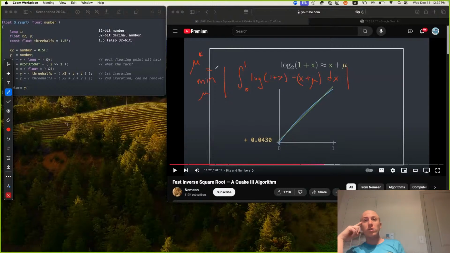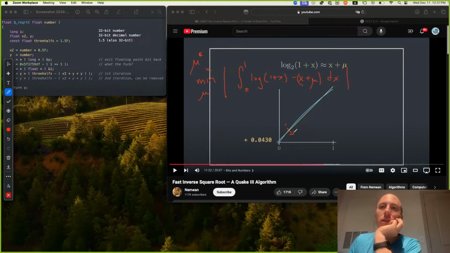You could try different values of mu, shifting this thing up and down, and approximating it by taking these little differences.